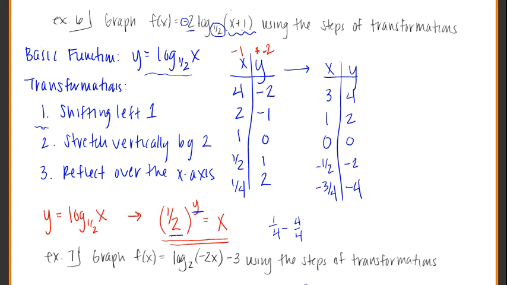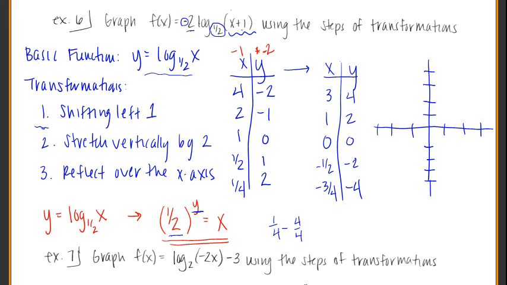And since that took care of all three of our transformations at one time, all we have to do is graph this last one and we are good to go. Alright, so we've got x going from 1, 2, 3, and y values going from 4 to -4.